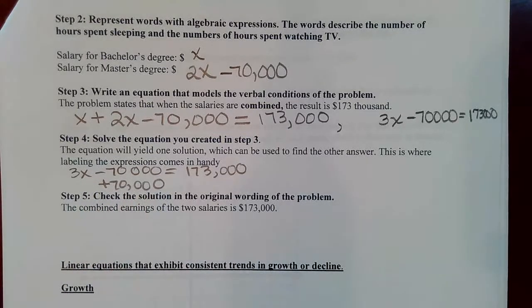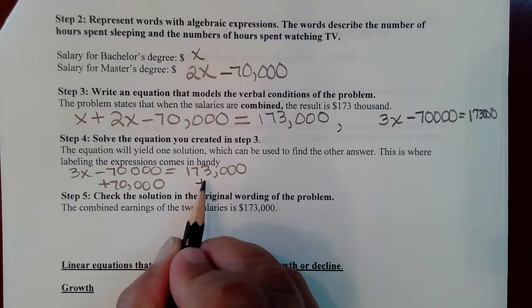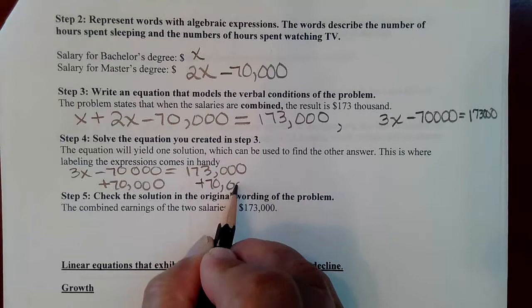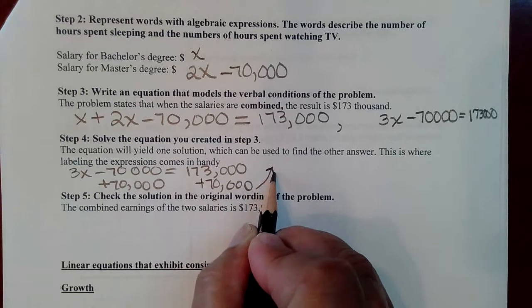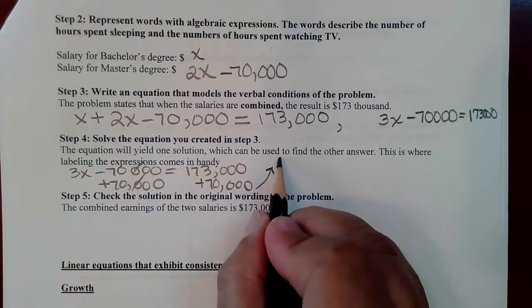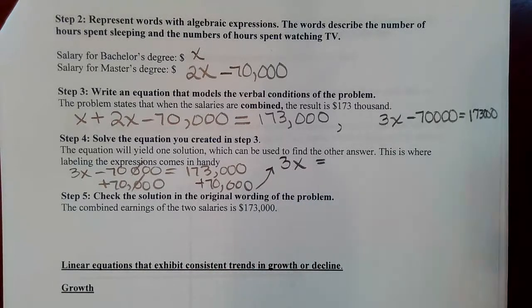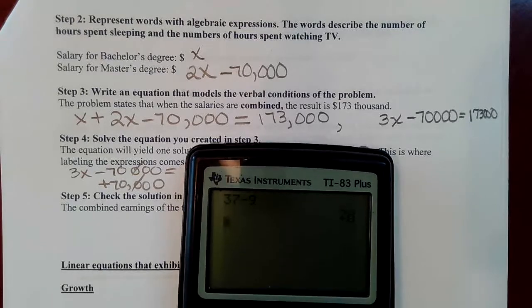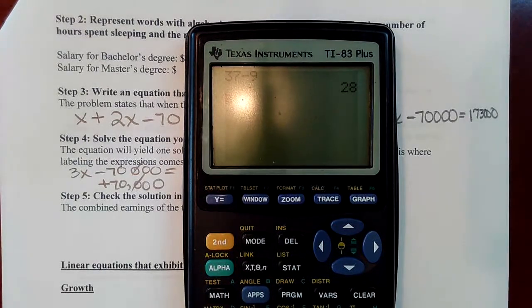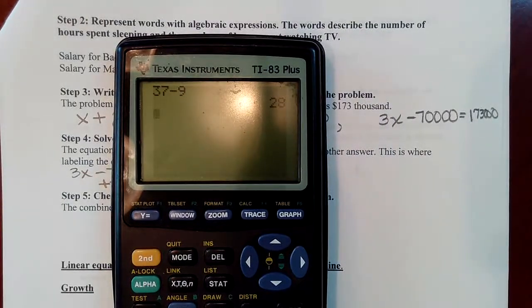Now let's start trying to isolate the X term by performing inverse operations. I'm going to add 70,000 to get rid of the negative 70,000, and likewise on the other side. Okay, that'll lead me into 3X is equal to, and you can put this in your calculator, 173,000 plus 70,000.